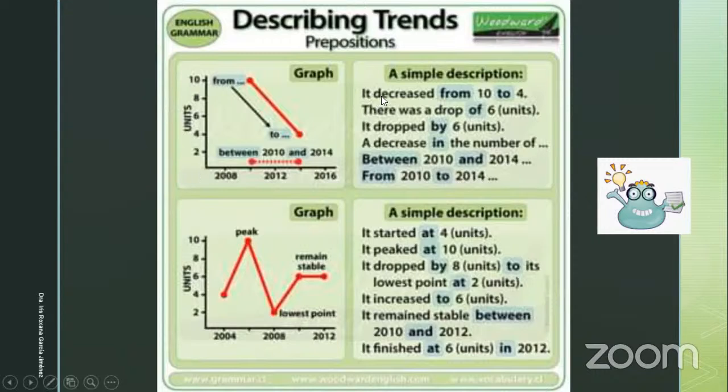It decreased from 10 to 4, from 10 to 4. There was a drop of 6 units. From 10 to 4, there are 6 units between, right? It dropped by 6 units.